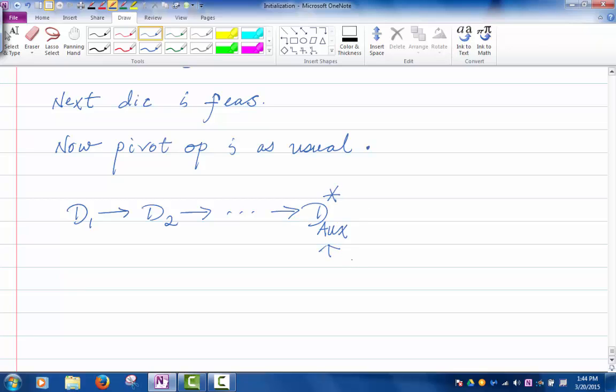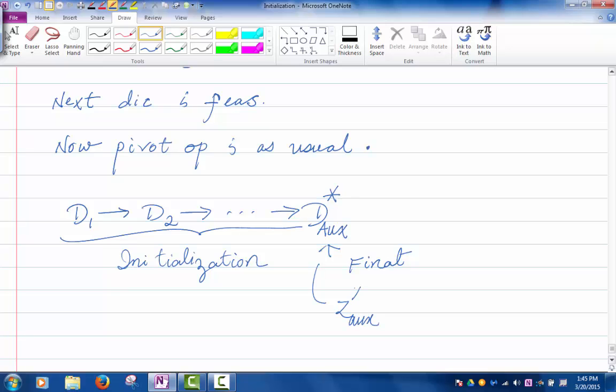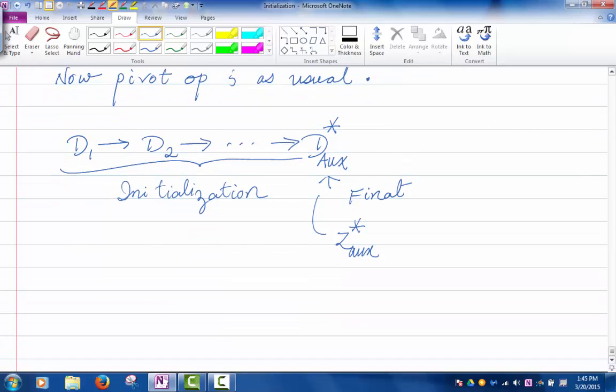By that I mean this is the final dictionary for the auxiliary problem. So this is the initialization. And once you have that, you look at the corresponding objective value. So let me just say Z aux star, that's the optimal value for the auxiliary problem.